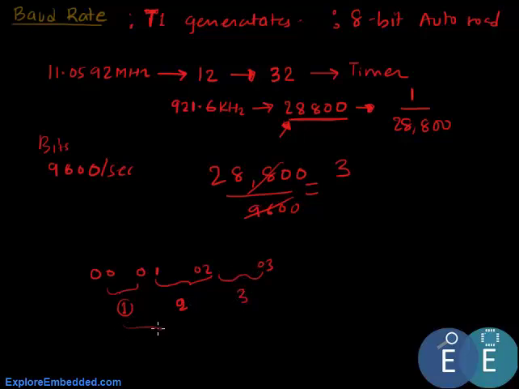Now if we make these 3 ticks, it generates a baud rate of 9600, because the frequency is 28,800. Now instead of starting the timer from 0, we start the timer backwards from FF. Now we'll look at the 8-bit auto reload mode and why it is used.